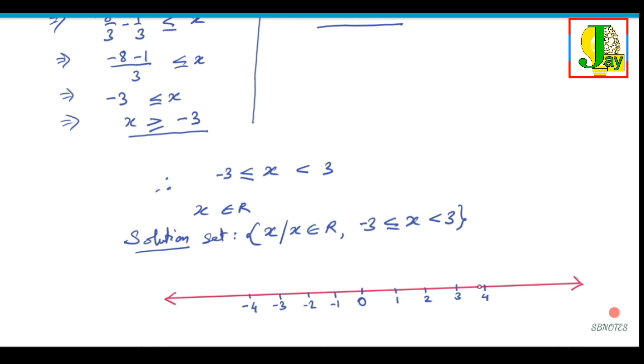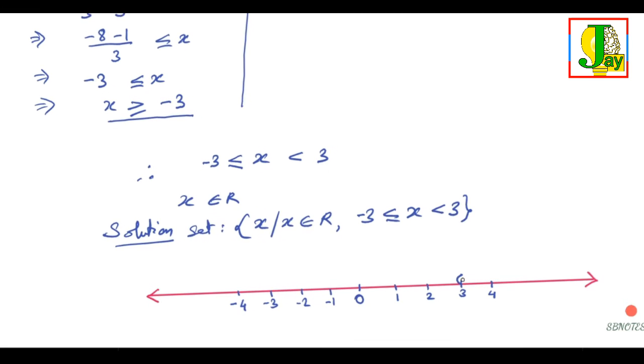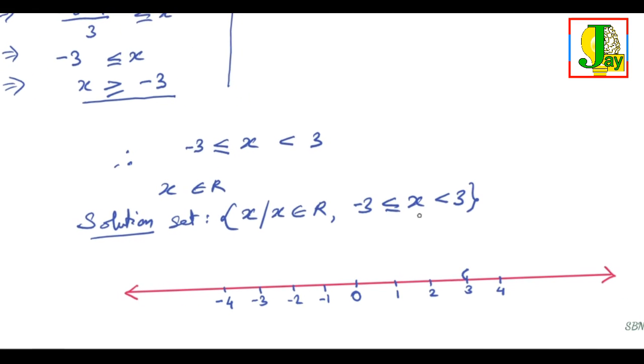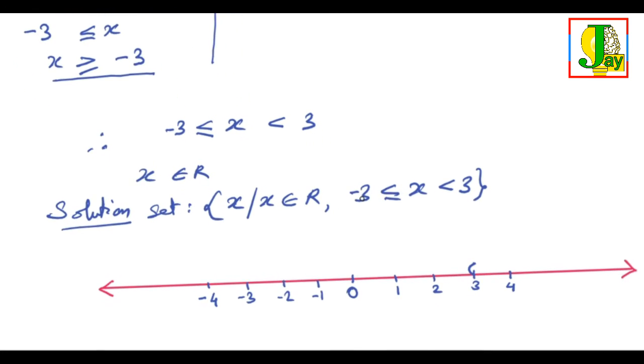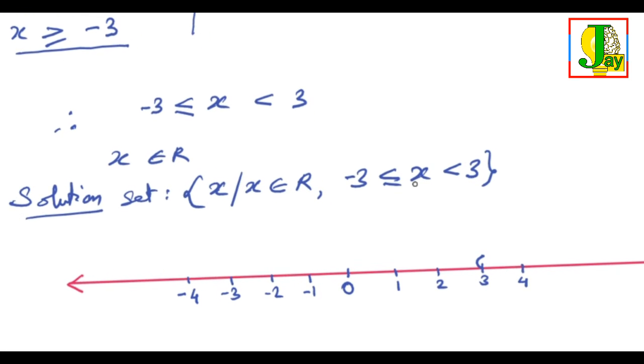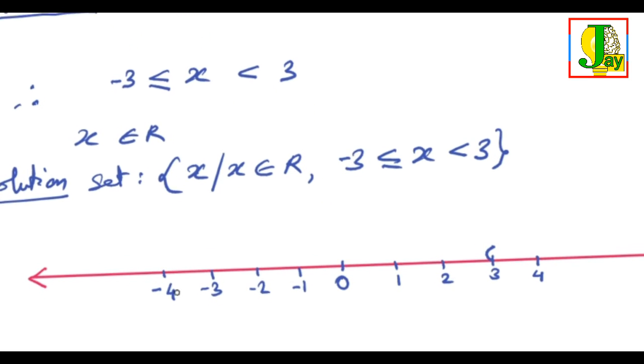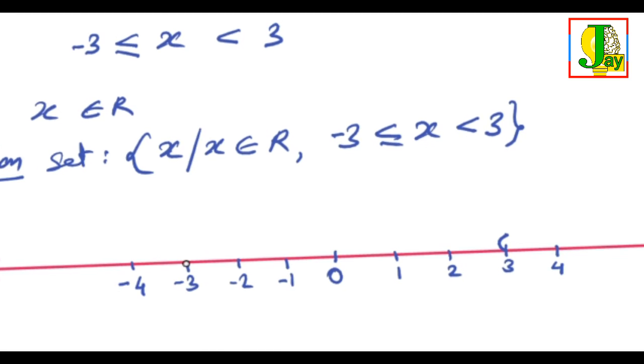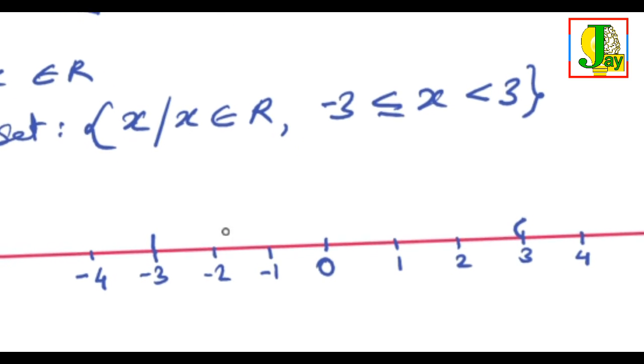Now on the right side, x is less than 3 and 3 is not included, so I'll use the second method. 3 is not included, so I will draw a curve here, and on the right side you have 3 excluded. On the left side you have minus 3 included because x is greater than or equal to minus 3, so you have to draw a straight line.